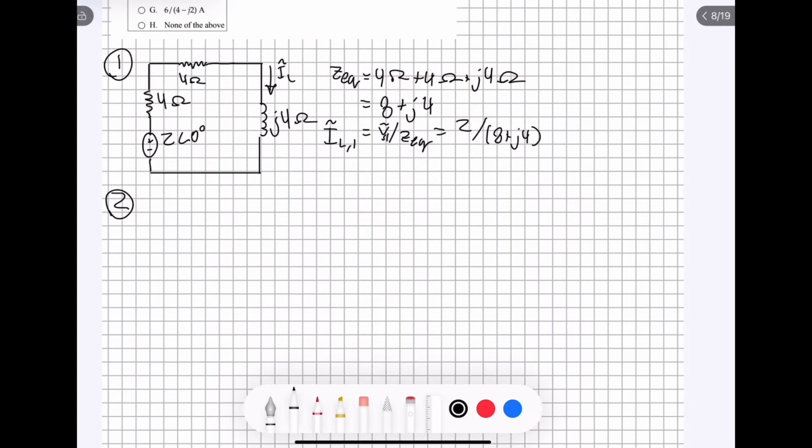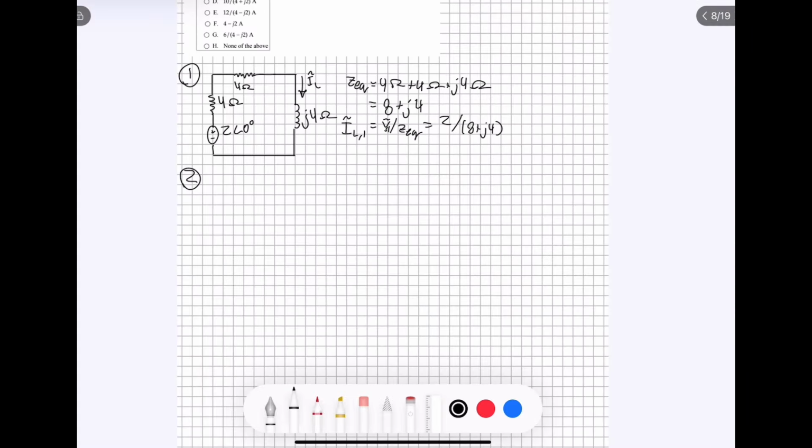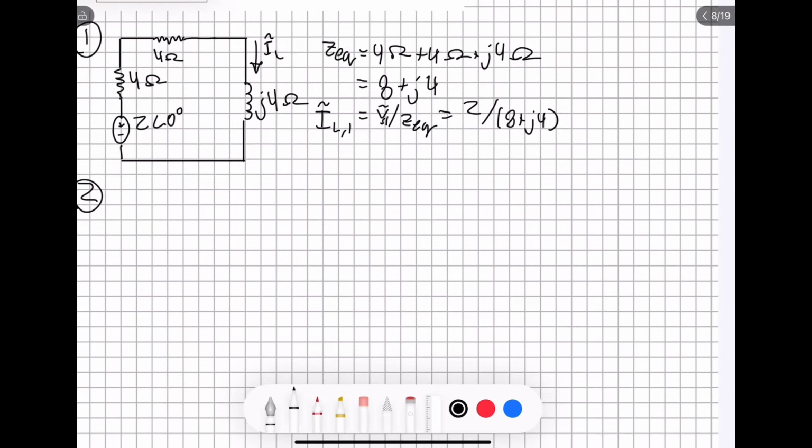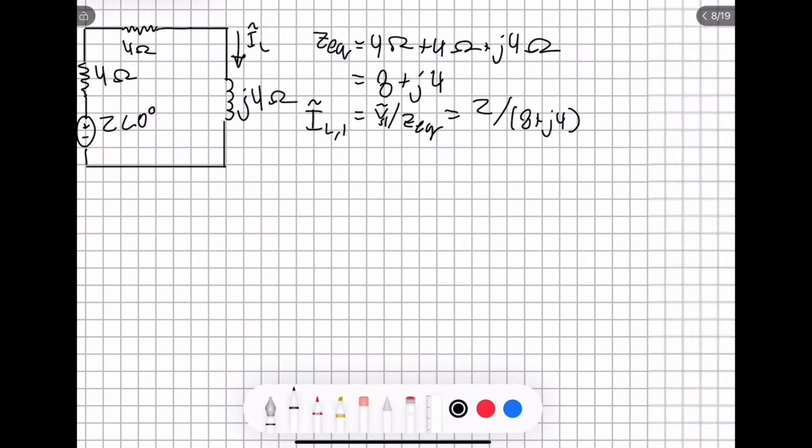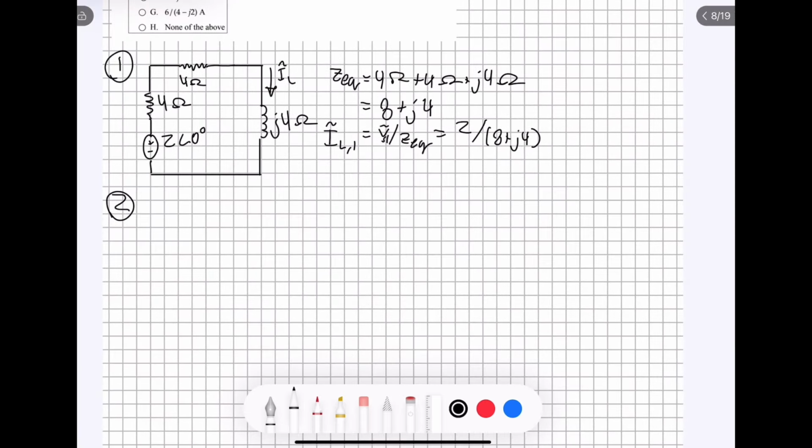So we can redraw that circuit once again. We can redraw the circuit like this. 4 ohm resistor here. 4 ohms here. Oops, I forgot.